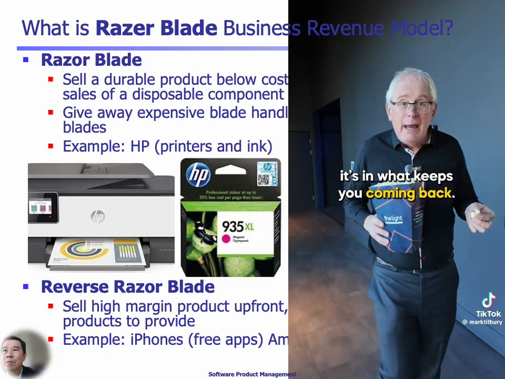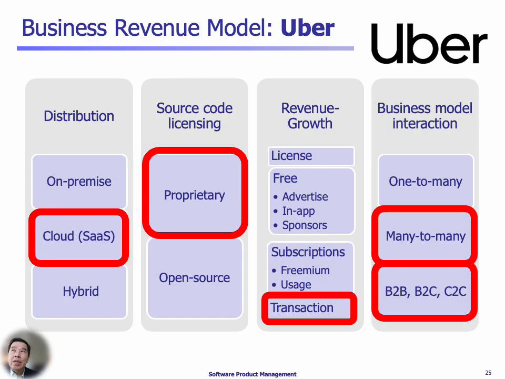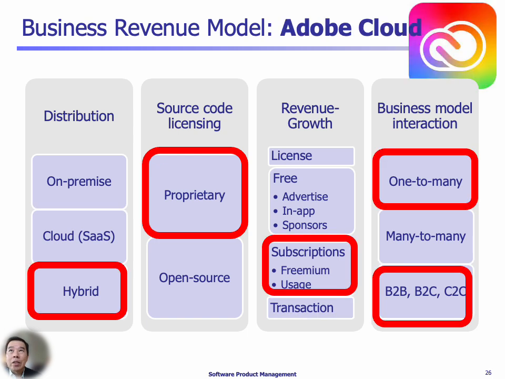So you can see if this is a business model for your system. Making things cheap is good for growth, and then you make money from the other parts. Let's look at several examples. This is Uber. It is cloud-based proprietary software with a transaction revenue model, many-to-many, B2B, B2C, C2C as well. Adobe Cloud is a hybrid version. You can get a subscription as well as on-premise.